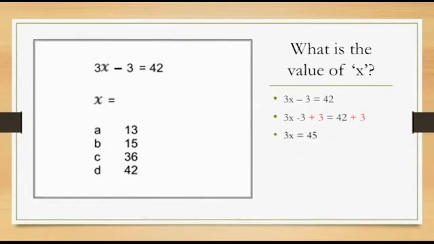So 3x equals 45. All right, now we have 3x being divided by 3. 45 being divided by the very same 3 gives us x equals 15. So when you substitute x with 15 into this equation, it is true. 3 times 15 gives us 45. 45 subtract 3 gives us 42.